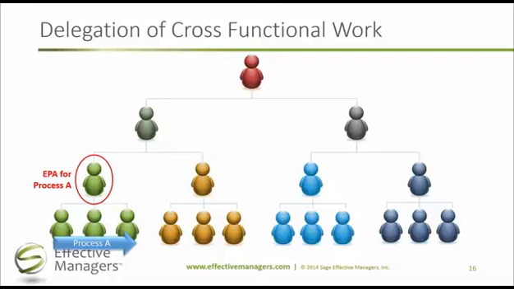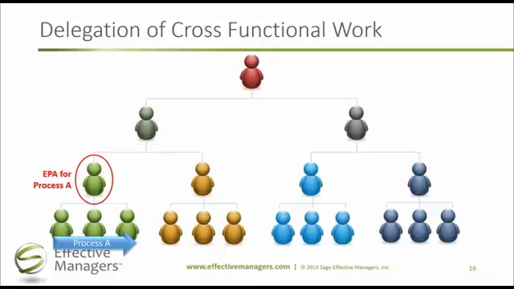But the effective point of accountability, the individual who can approve the overall process, who can decide issues resolution, who can change the process, who has the authority to change or to improve the process, is the manager of those 3 individuals.